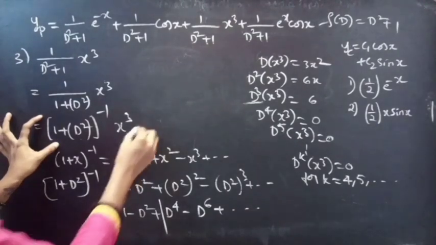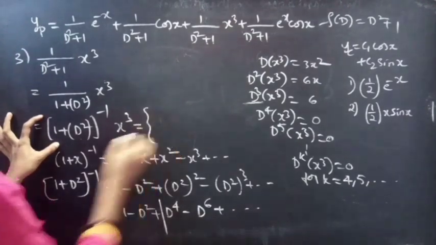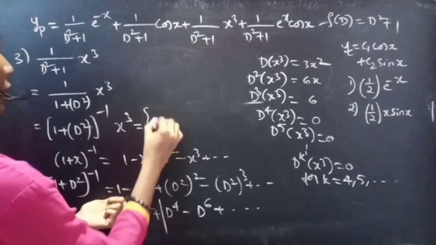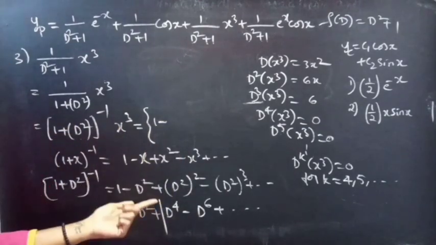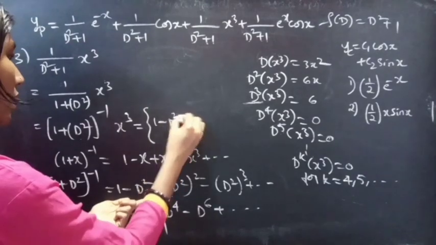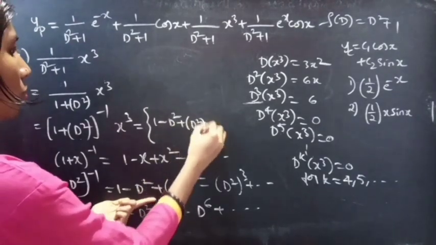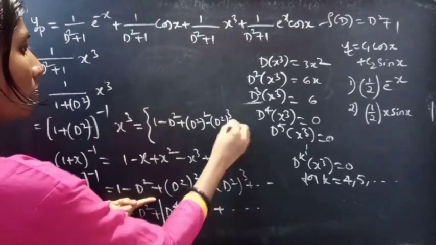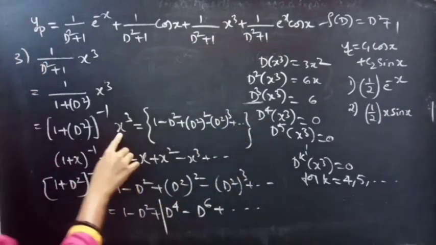Expand 1 plus D square whole inverse using this formula. We got 1 minus D square plus D square whole square minus D square whole cube plus so on, into x cube.